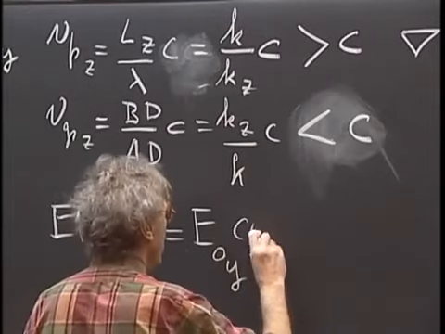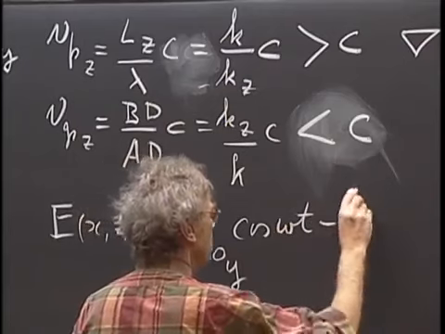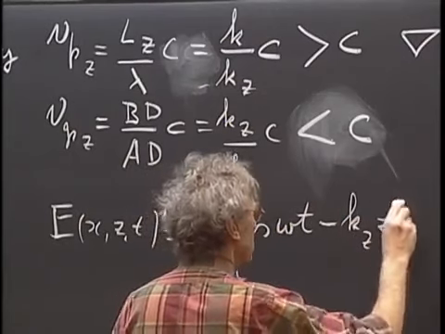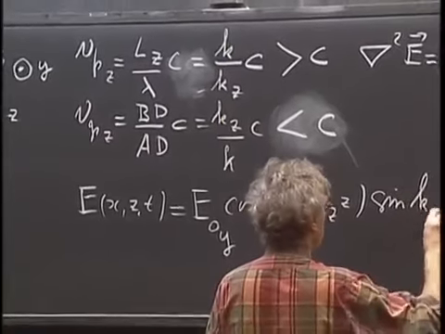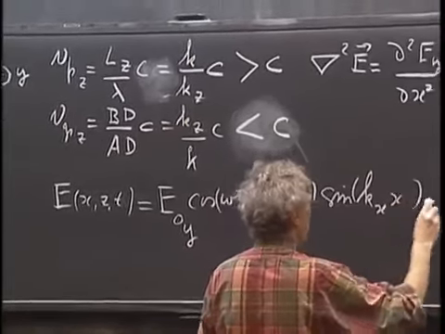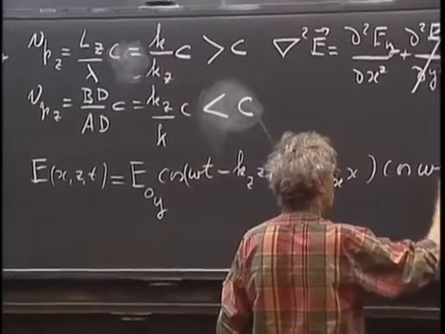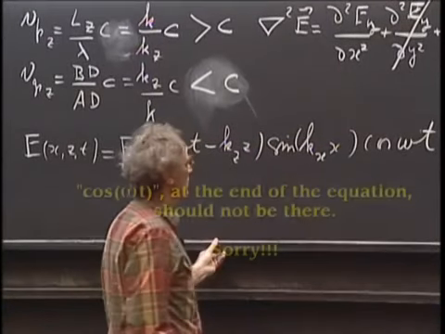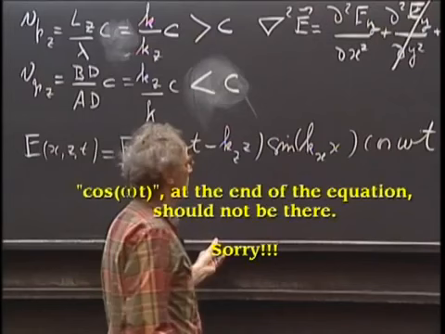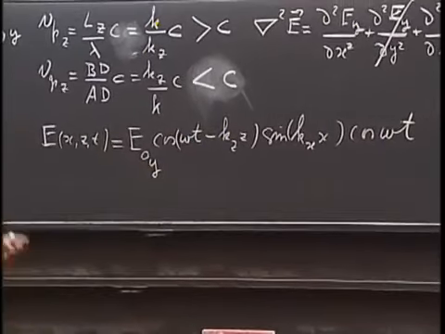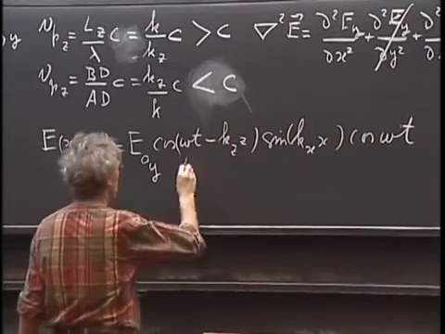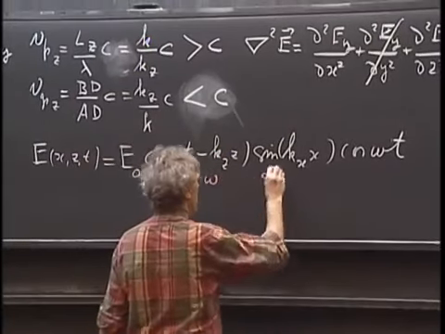And then we have the traveling wave in the z direction, and then we have the standing wave in the x direction. And so you see here, it is staring you in the face, because I knew the answer, that this is a traveling wave and that this is a standing wave.